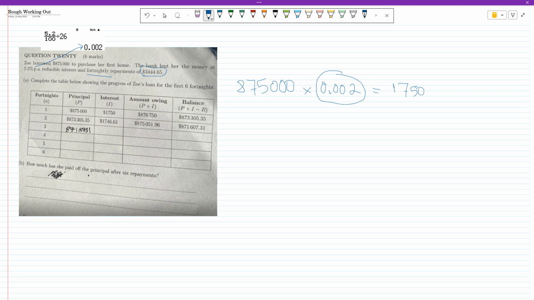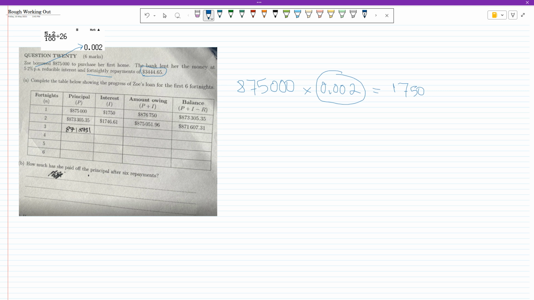And so the actual interest will go down, as you can see over here. In the first fortnight, how much interest was charged? 1750. And then the second fortnight is 1746. Why? Because we owed 875,000 at the start of the month. We got charged interest of 1750, and therefore by the end of the month we owe $876,750. Then we made the repayment of $3,444.65.